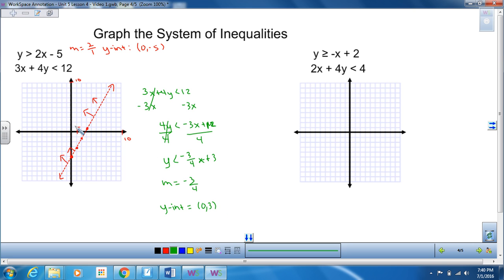Okay, so I'm going to go up 3 and put a point, and then my slope is negative 3/4. So I need to go down 3 and right 4. Okay, and then this is also a dashed line.